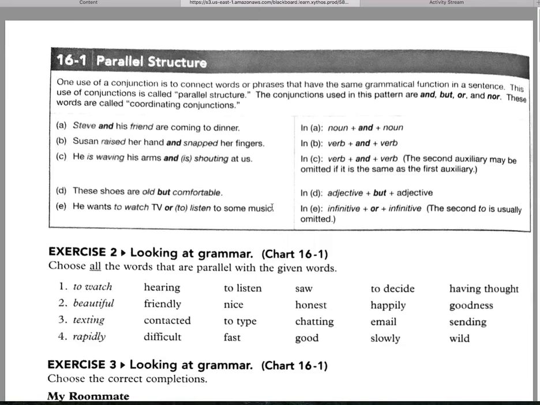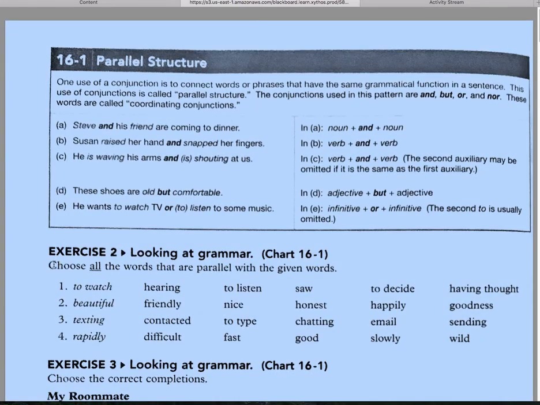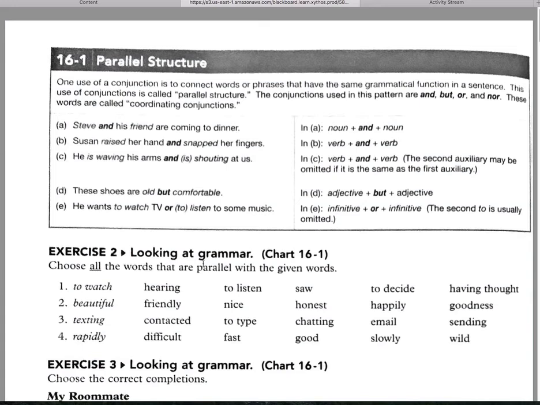So if we look at exercise 2, choose all the words that are parallel with the given words. So for example, to watch. To watch is what part of speech? Infinitive.